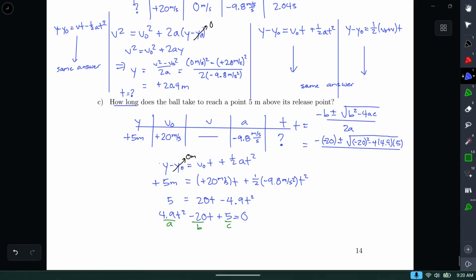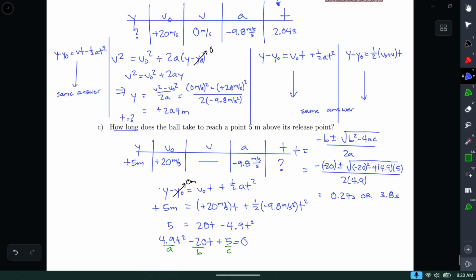And then all over 2a, so 2 times 4.9. And so we have two roots, the plus and the minus. If we calculate, we'll get either 0.27 seconds or 3.8 seconds.